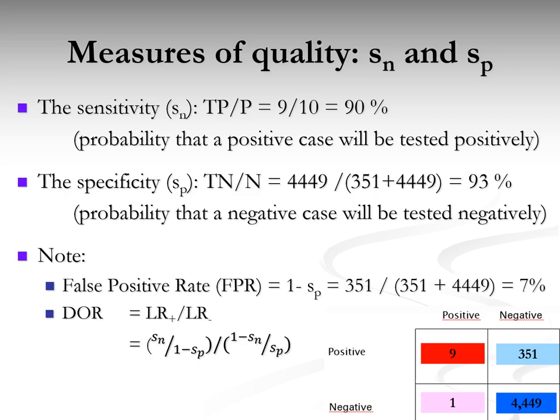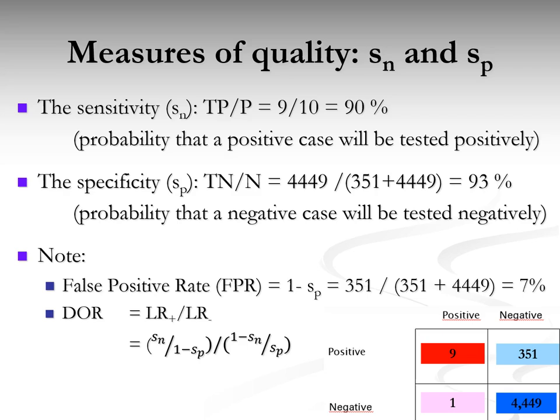And the likelihood ratio for the negatively tested cases is the probability of a positive case tested negatively divided by the probability of a negative case tested negatively. So it's 1 minus the sensitivity divided by the specificity.